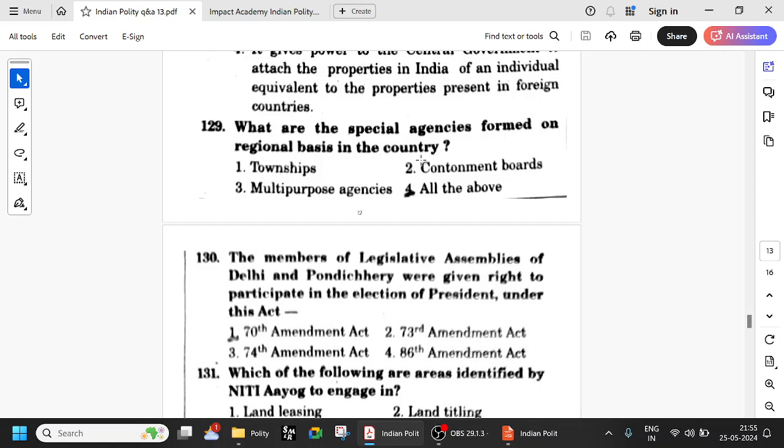Those military establishments where you have their houses, that administration is taken over by the cantonment boards: laying roads, sewage department, water supply, all these things. Then townships. Whenever there's a big SEZ nearby, there are townships or railways, with the work area as well as living area, quarters and all those things. Multi-purpose agencies can be there. So all the above.